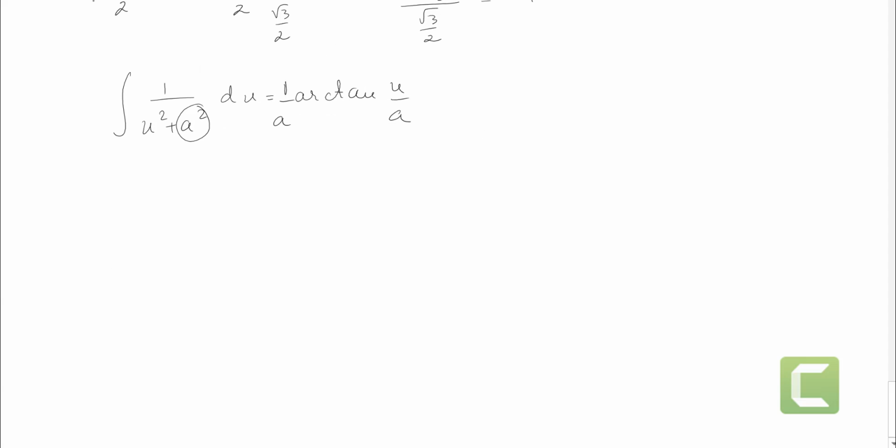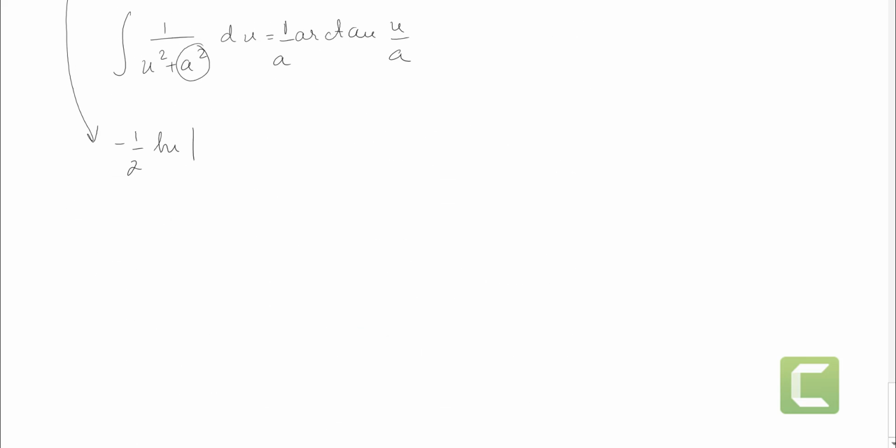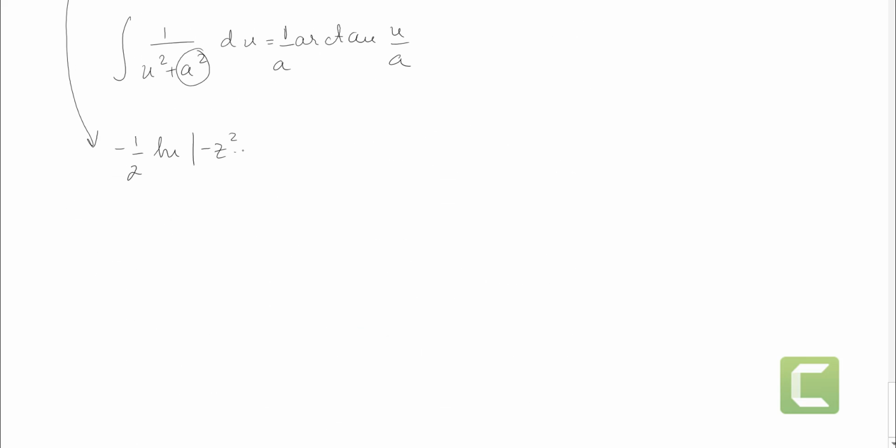And all we have to do is go back to our substitutions. Ln of absolute value of u, what was u? u was negative z squared minus 3z minus 3.